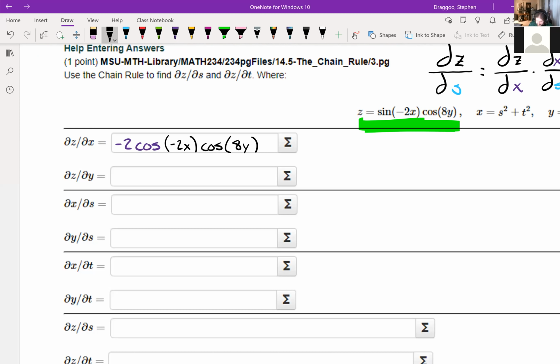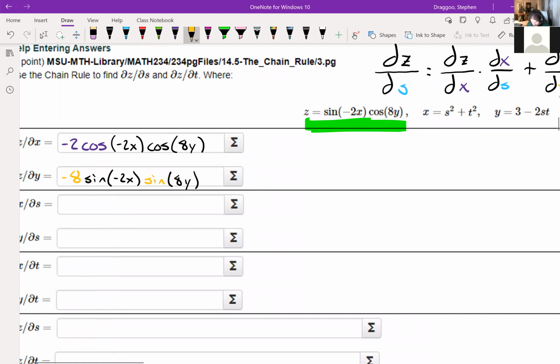We'll also look at the derivative of z with respect to y. Derivative of cosine is negative sine, and multiply by the derivative of 8y, which is 8. So we'll still have negative 8 sine of negative 2x times the sine of 8y. Keeping things consistent, I'm highlighting the changes with color. Those are the pieces that change.